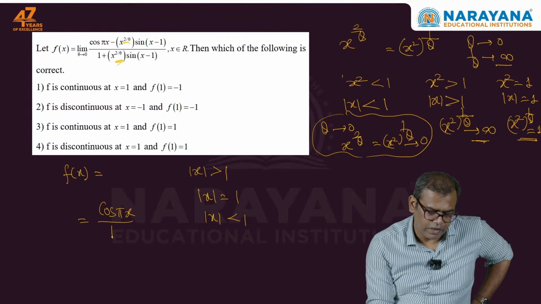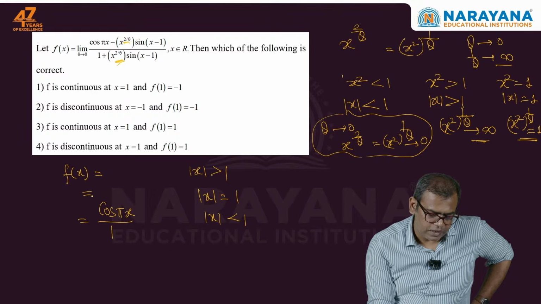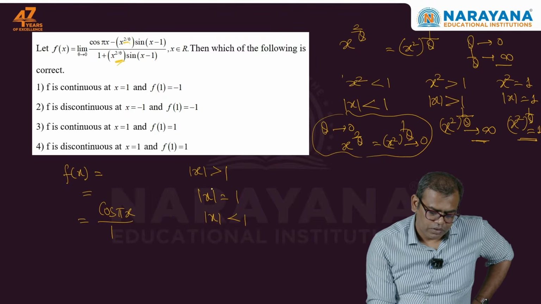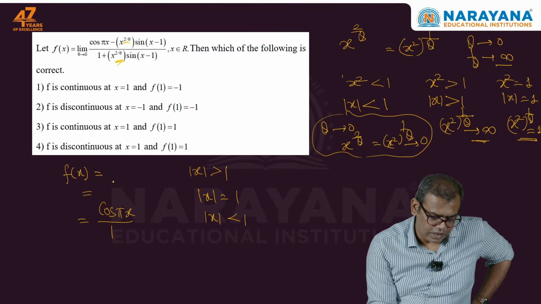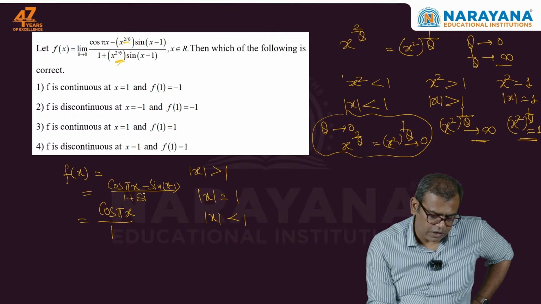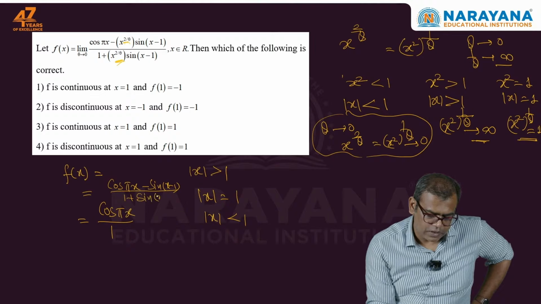In the case mod x is 1, the function will be left with cos pi x minus sine of x minus 1, divided by 1 plus sine of x minus 1.